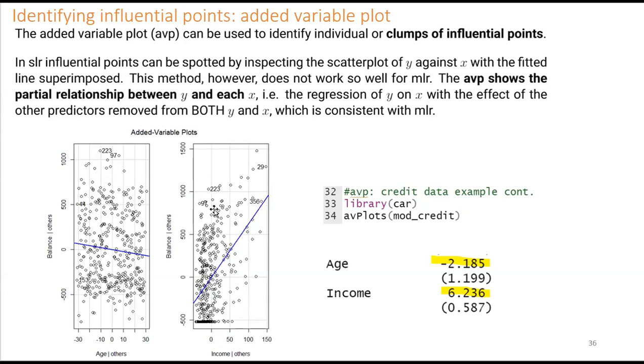In other words, has the slope of this line been dominated, determined solely by a few points? Here there are some isolated ones, but it doesn't mean anything. There's nothing here that seemingly worries me.